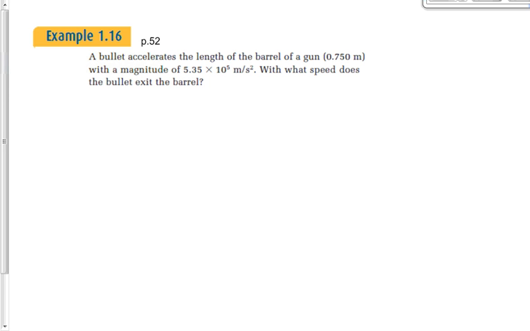A bullet accelerates the length of the barrel of a gun, which is 0.750 meters, with a magnitude of 5.35 times 10 to the 5 meters per second squared. That's a pretty big acceleration right there. What speed does it exit the barrel?